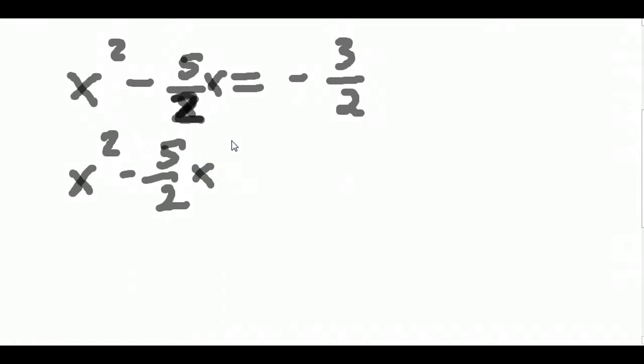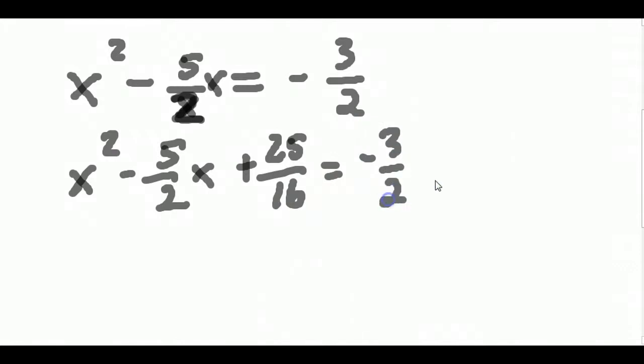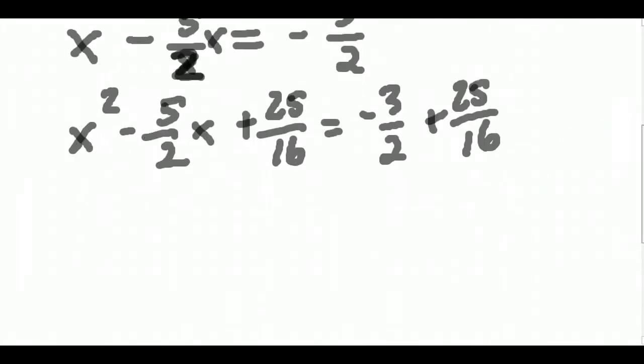And what is 5/4 squared? 25/16. Exactly. So we add 25/16 to the left, and negative 3 halves plus 25/16 on the right, because what we do to one side, we have to do to the other. So we added that 25/16 to each side to complete that square.